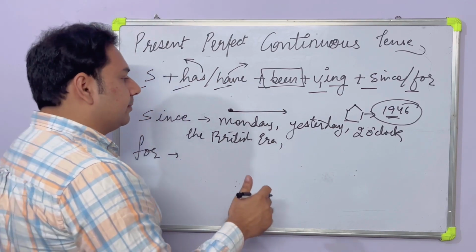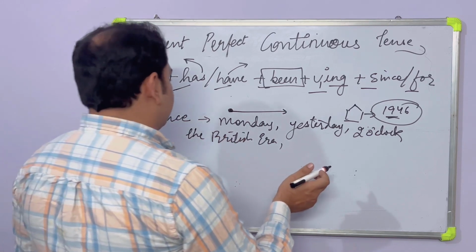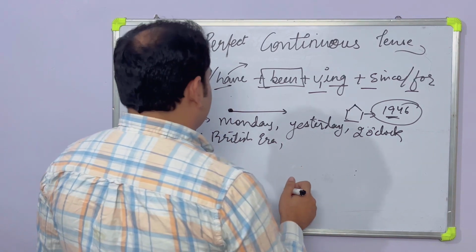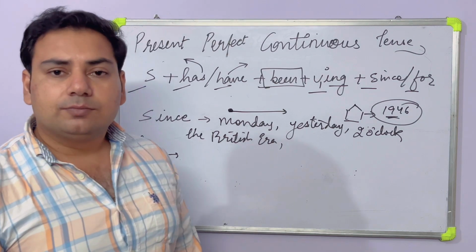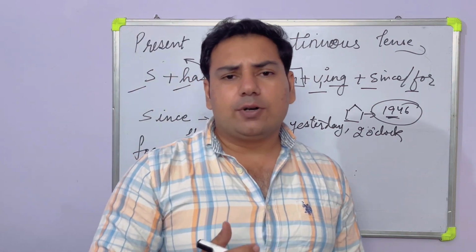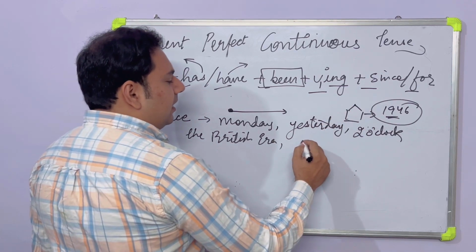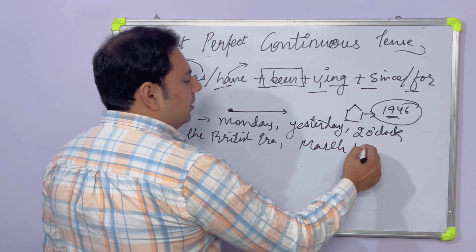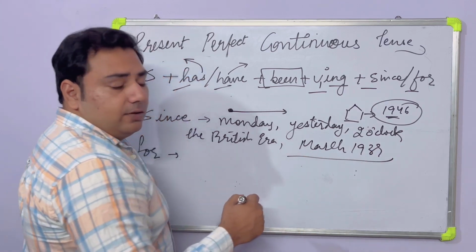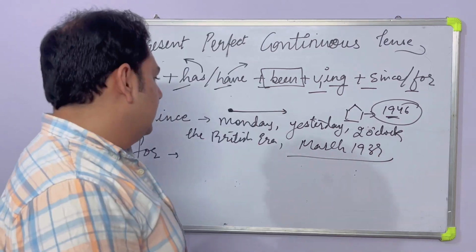So that is the reason. Since Monday, since yesterday, since the British era, so with a particular point. And one I have already told you, like since 1946, since March 1939. Okay, so this is how you will be using it.